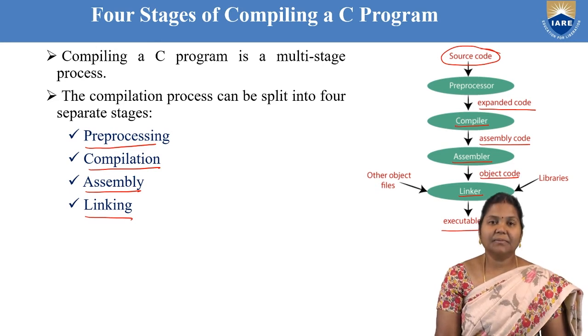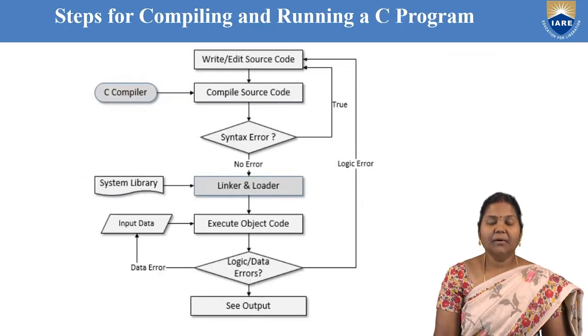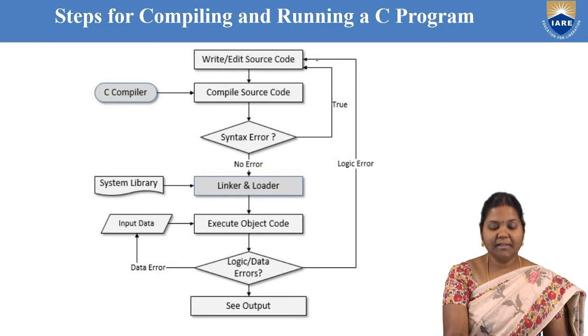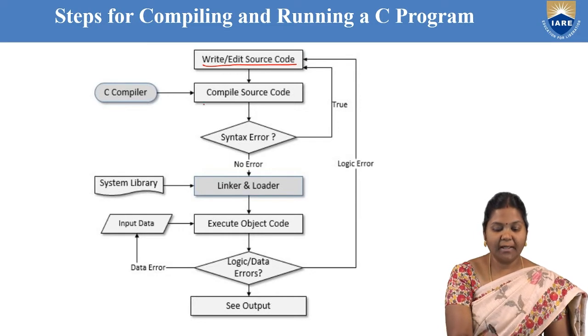Now, let us see these steps one by one. Before that, let us have a look at the complete process. What are the steps we use for compiling and running a C program? First of all, we write the source code, and then the source code is compiled by using the C compiler.